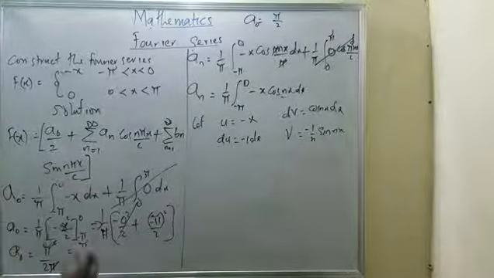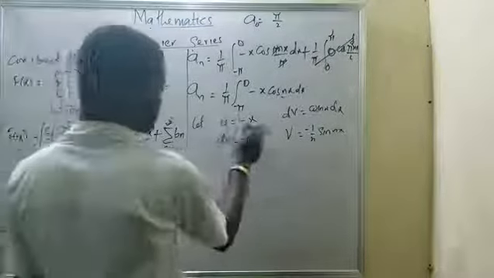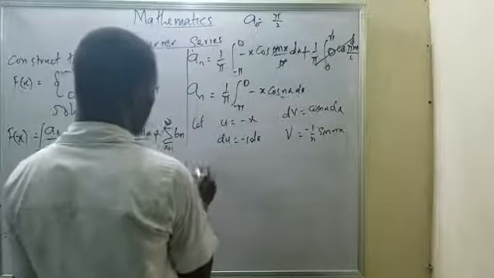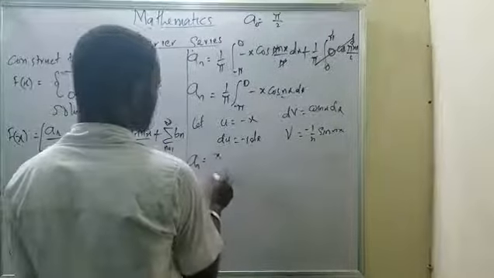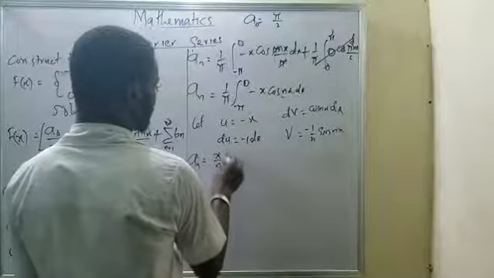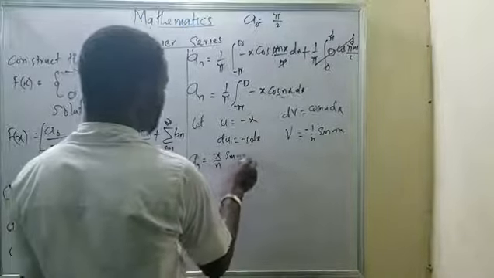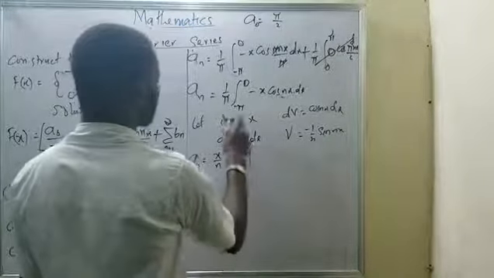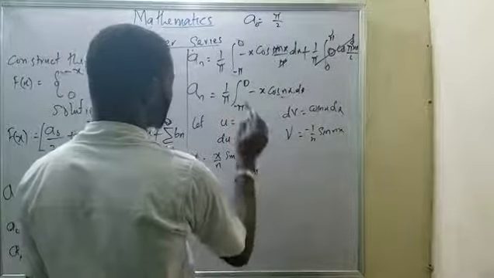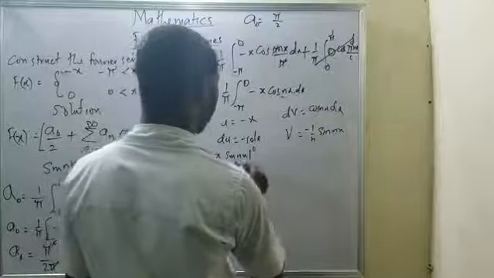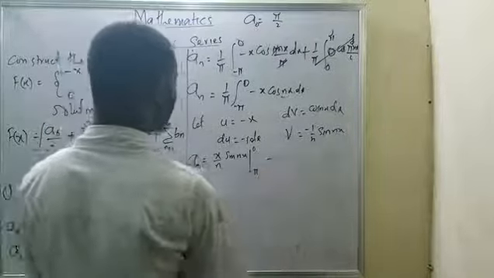Now a of n can be equal to x all over n sine nx, with limits from minus pi to 0, and also minus.